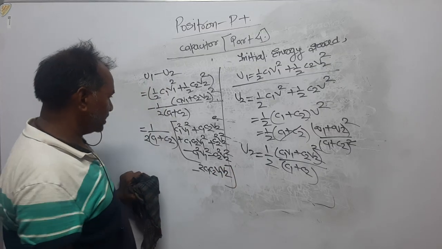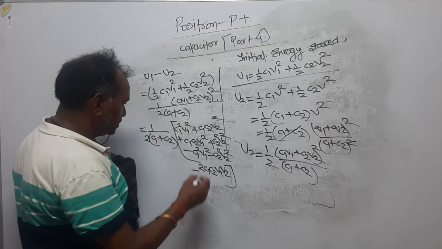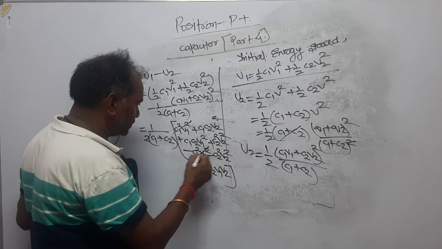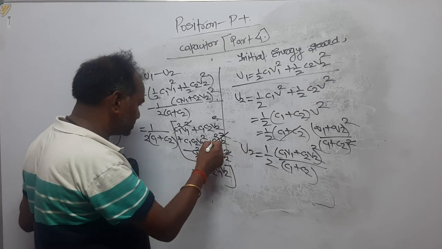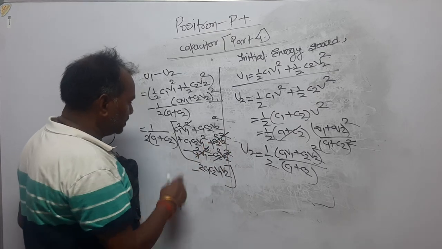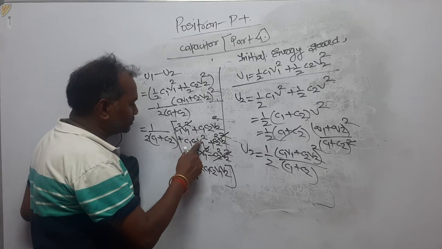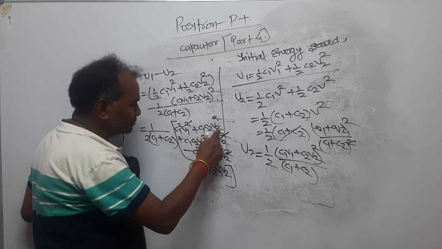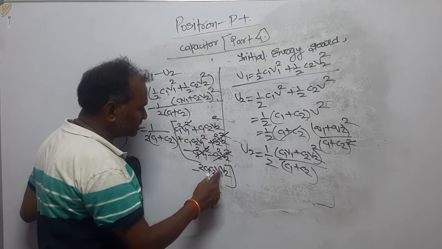Now look here, C1 square V1 square will cancel, right? You will be left, dear students, with C1 C2 V1 square plus C1 C2 V2 square minus 2 C1 C2 V1 V2.